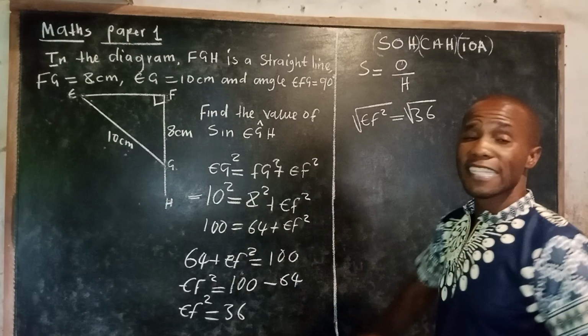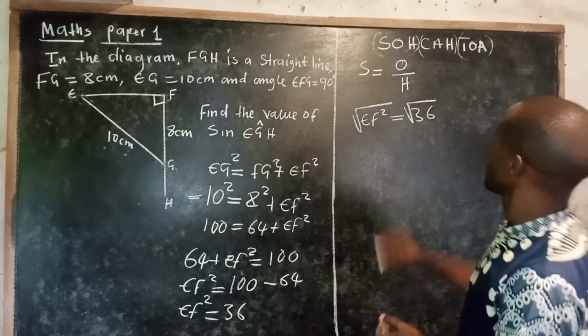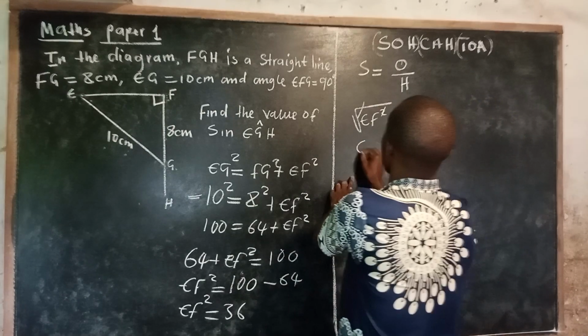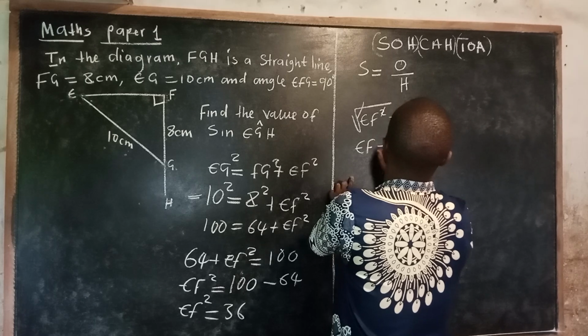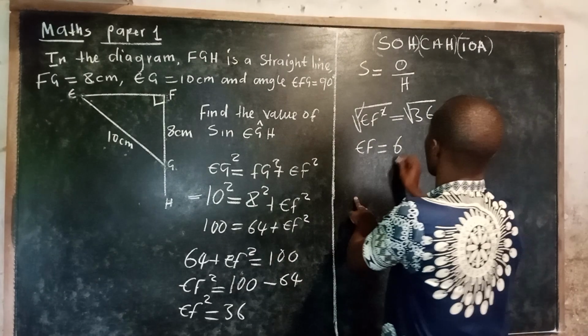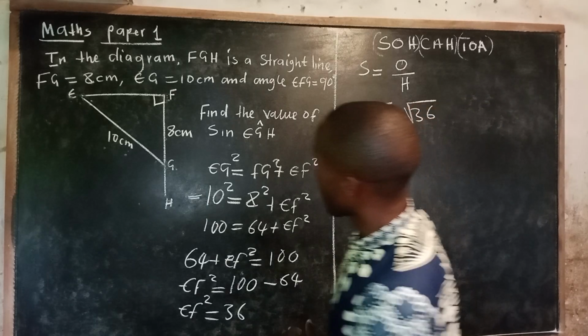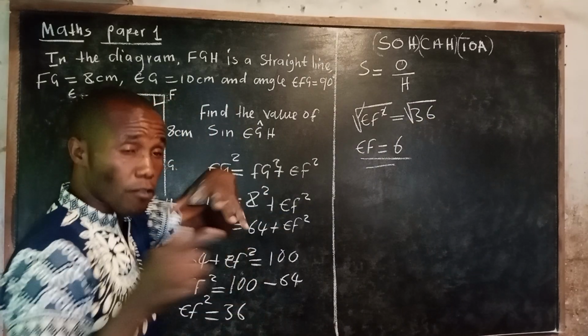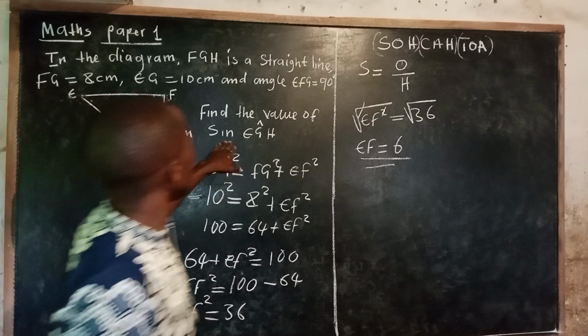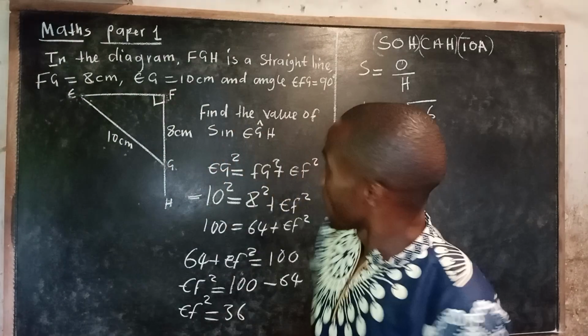Remember the square root is the half power, so the square root will cancel with the power. We remain with EF equals, what is the square root of 36? It is 6. Having found this, it will be very easy for us to find the real question that we have here.